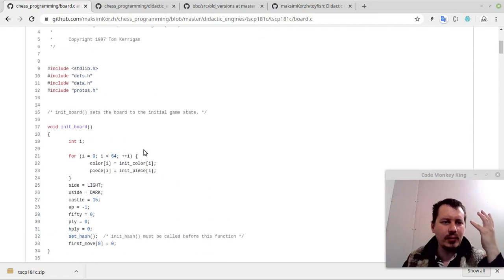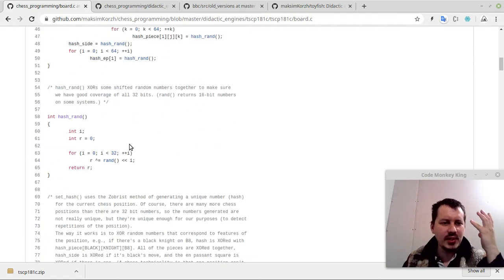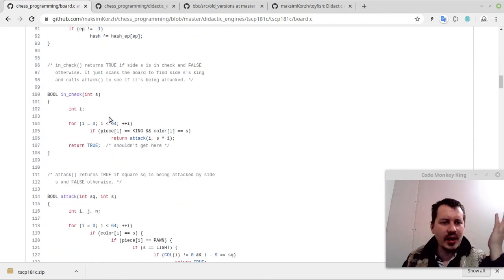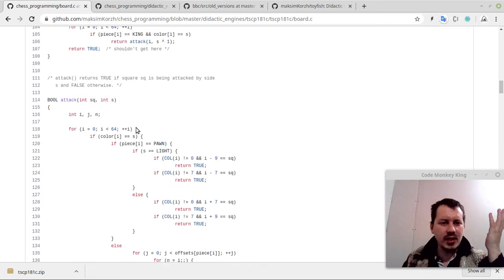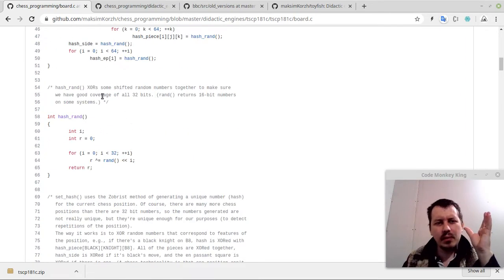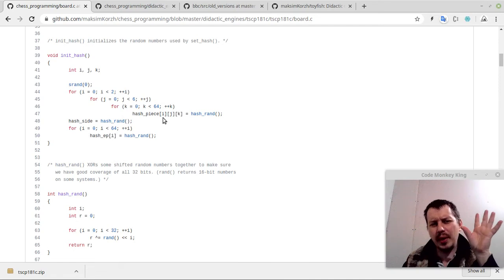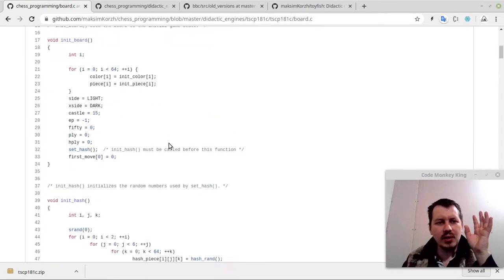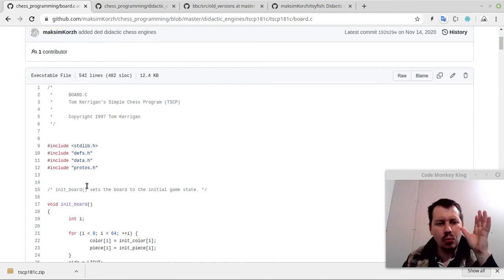And here already, we see that we have just a set of simple functions. A little bit of a downside is that, unlike Fruit, the variable names are not always that self-explanatory, not that meaningful. But we already see that we have the protos.h and data.h and defs.h.